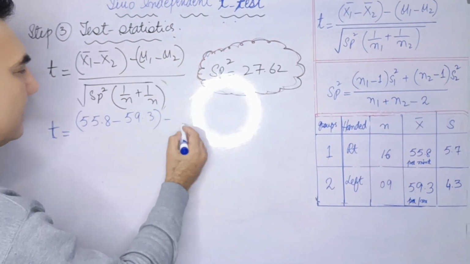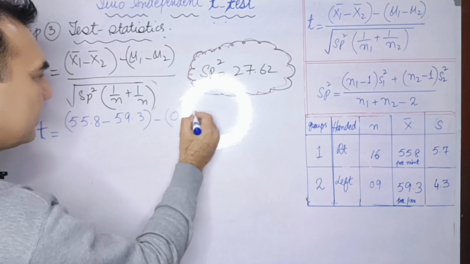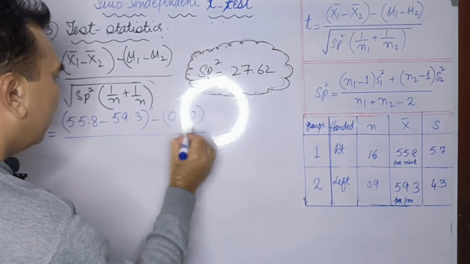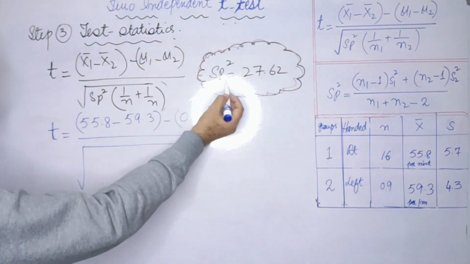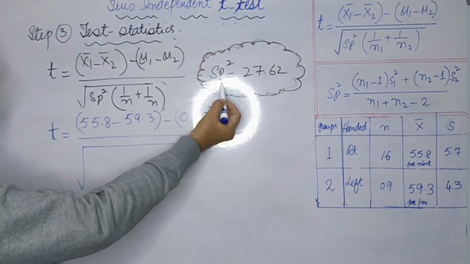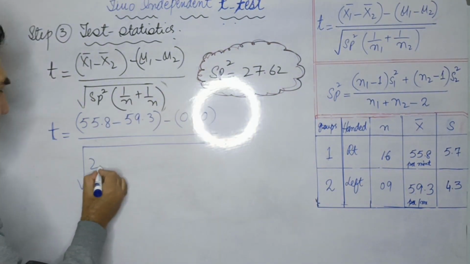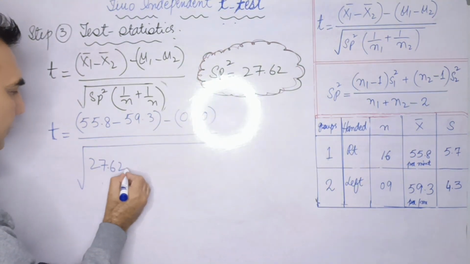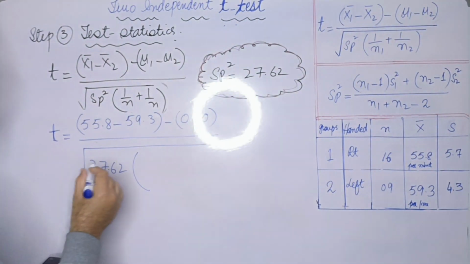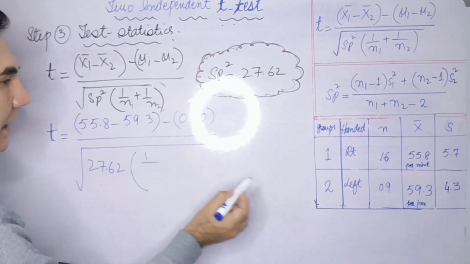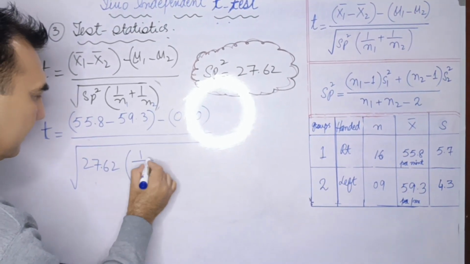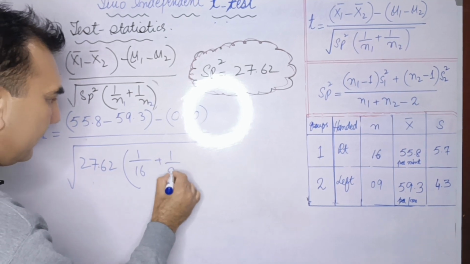And what is mu1 minus mu2? It is 0. Now under the root, we put the value of the pooled variance, 27.62, multiplied by 1 divided by n1, which is 16, plus 1 divided by 9.